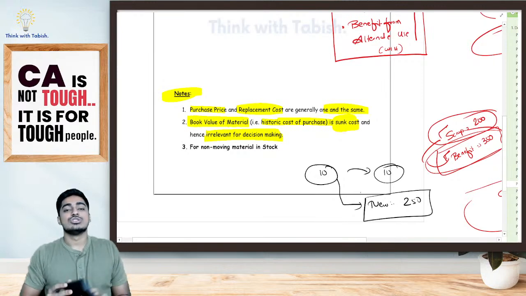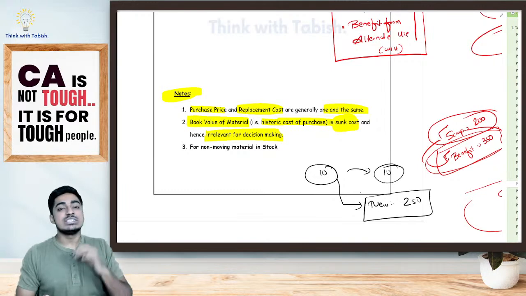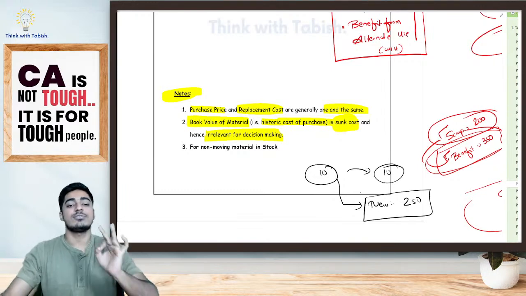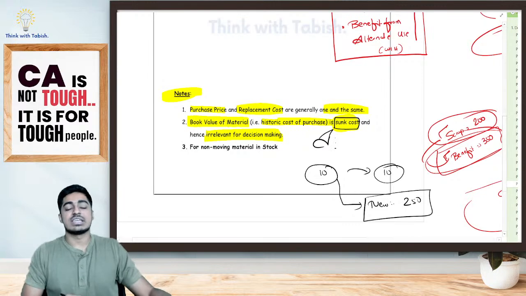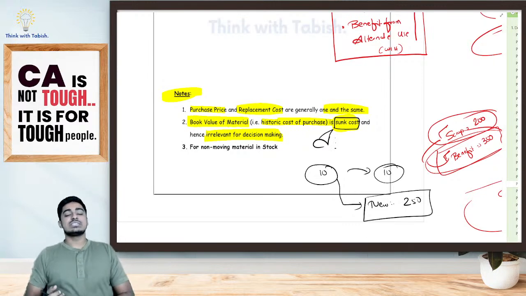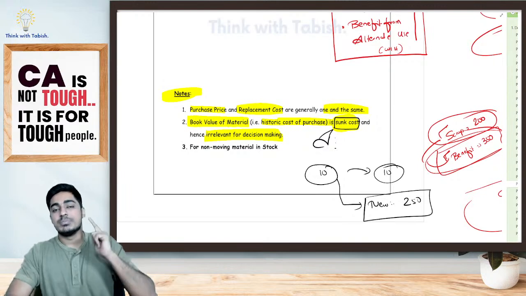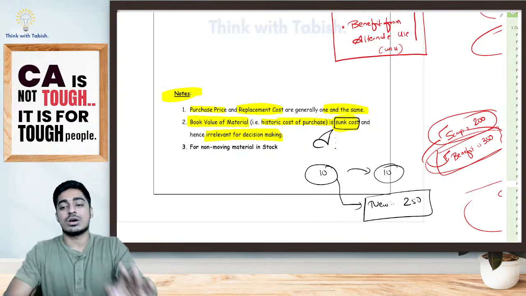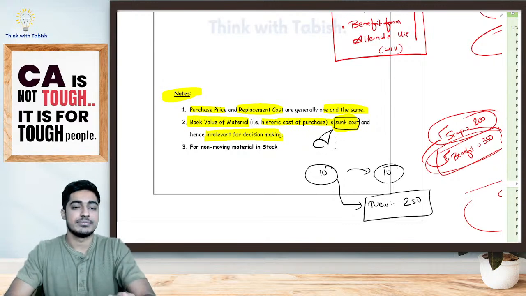So the price at which we purchased in the past, the price lying in the books, is going to be irrelevant for decision making because it is a sunk cost. Is it clear, students? Write it down in the chat section. Book value of material, historic value, is a sunk cost, so it is irrelevant for decision making.